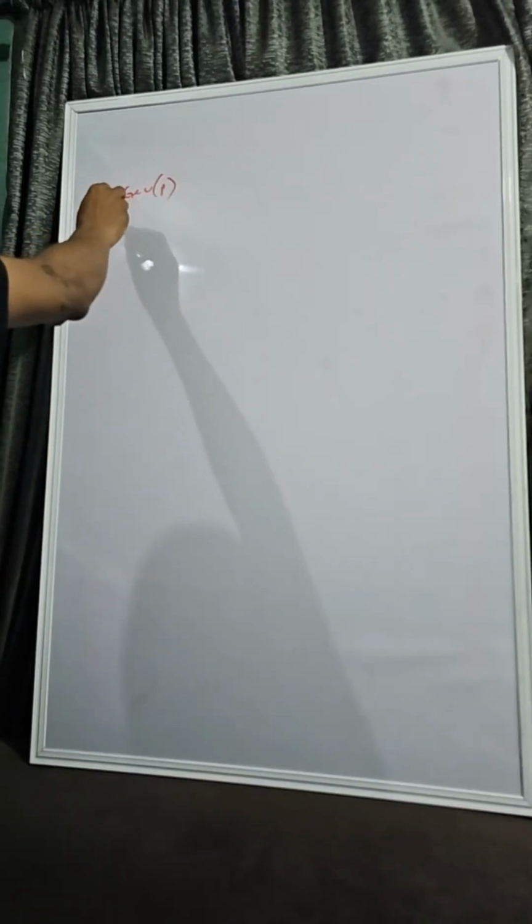So let's now represent this. We have X geometric of P, where P is 13 over 52. And why is it 13 over 52?